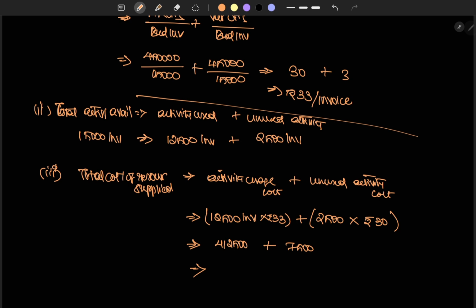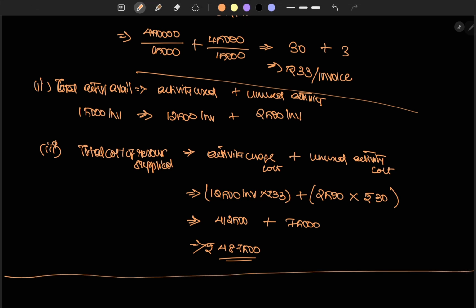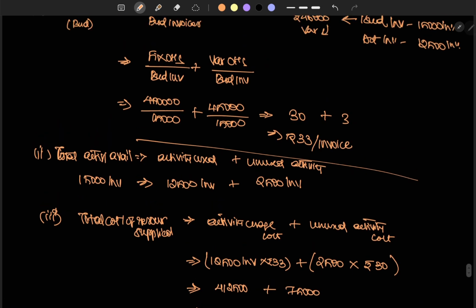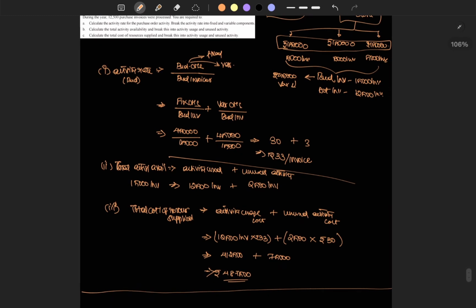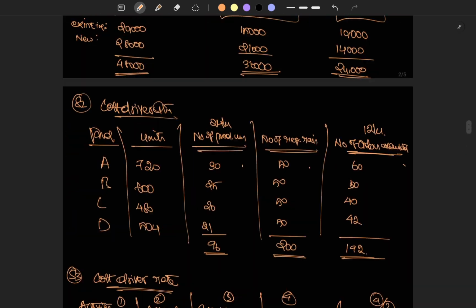So the total cost of resources supplied is 4,87,500, which is the cost incurred for that particular period for the business that happened, for 12,500 invoices. So this is only a simple sum, not a big deal. We can easily process it, and this is it.